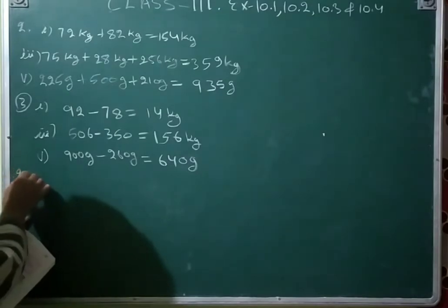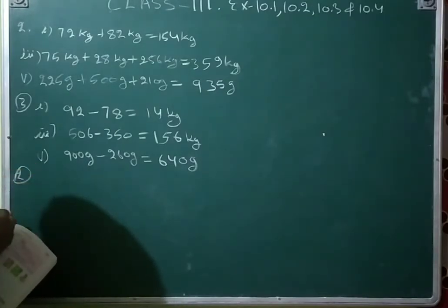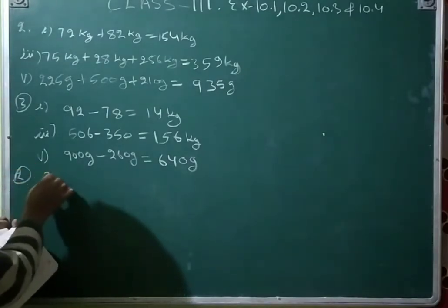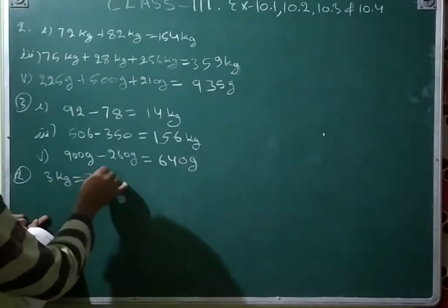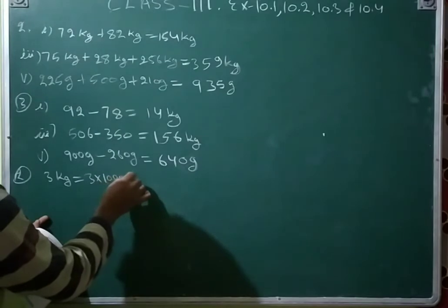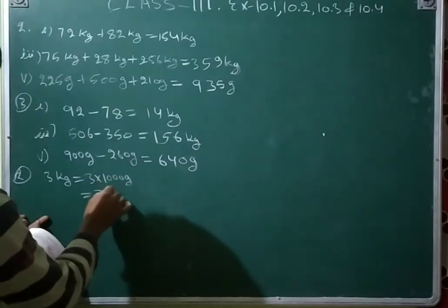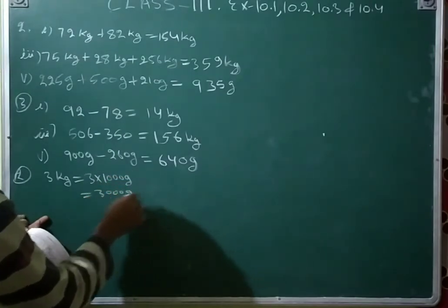And then the second question: how many gram make 3 kg? 3 into 1 kg, and 1 kg is equal to 1000 gram, so that is 3000 gram.